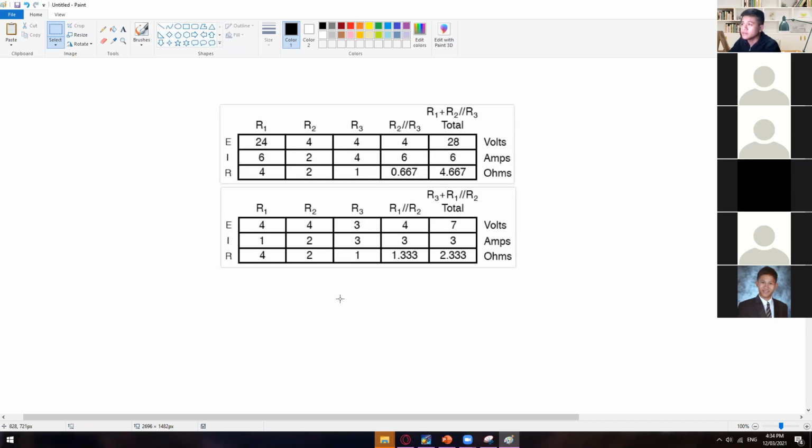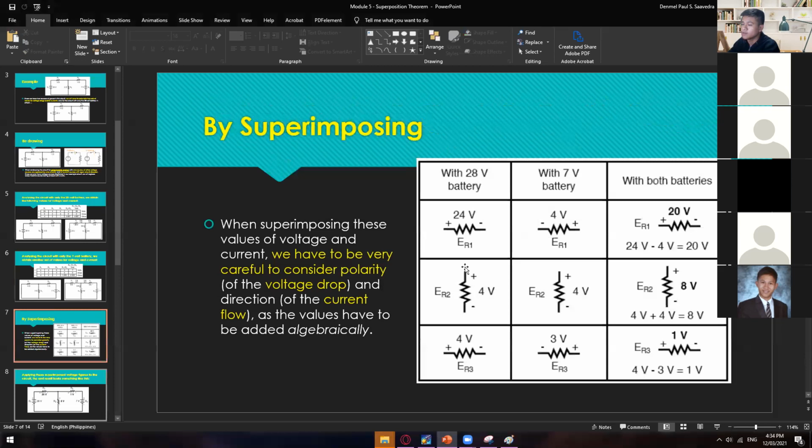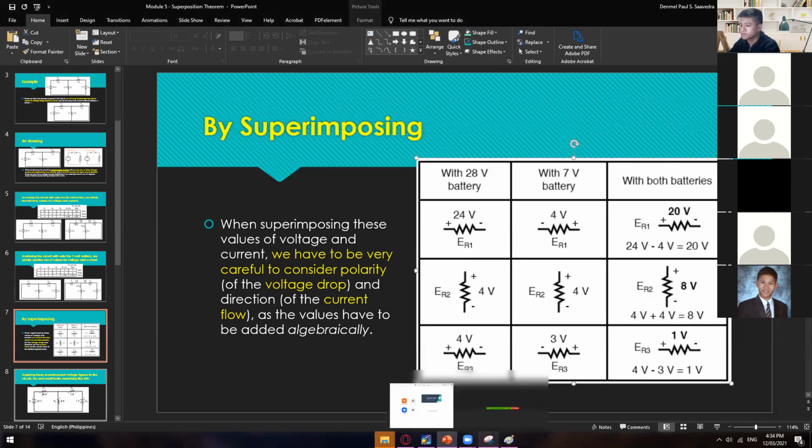So as you guys can see right here, we have the equation for the 28 volts, and then the solution for the 28 volts, and the solution for the 7 volts. Okay, and then you will get this one.